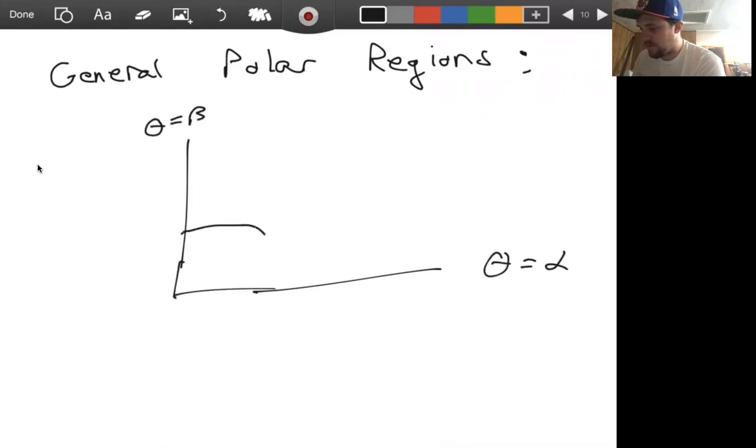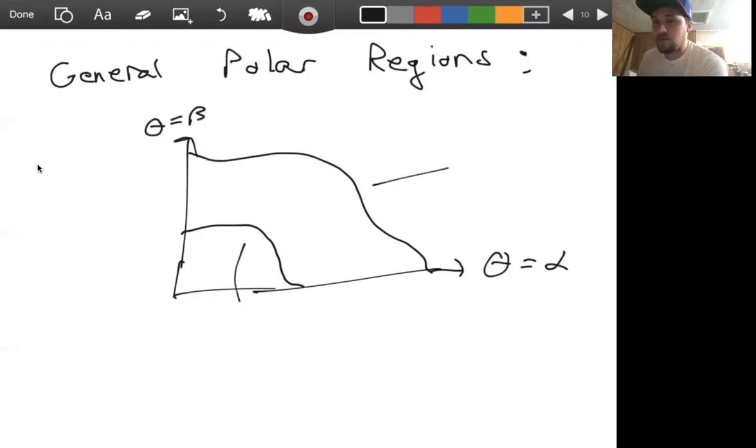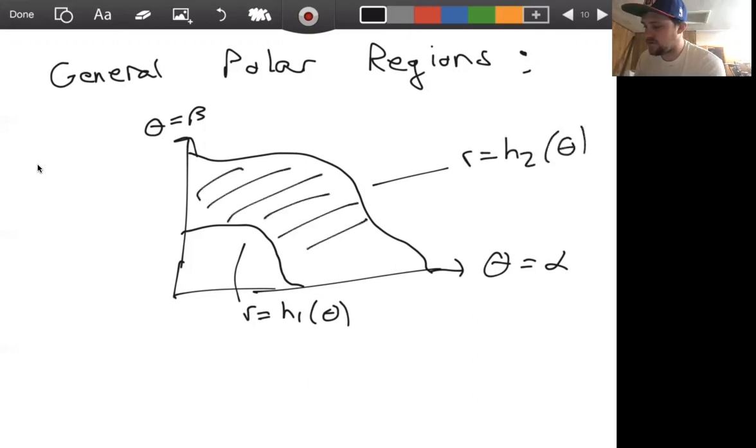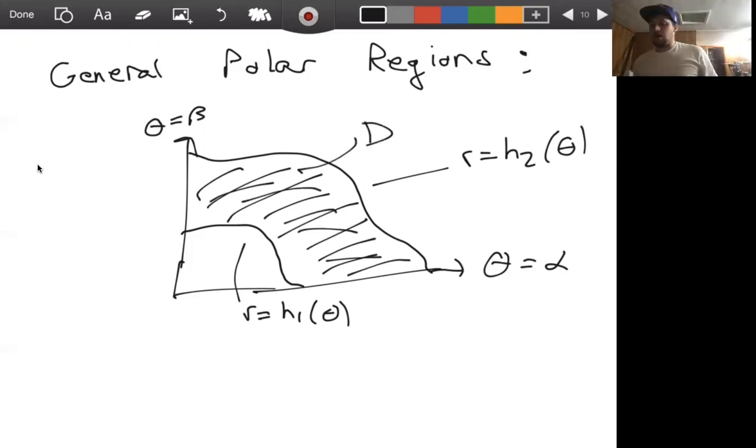But now our r bounds can be functions of theta, right? So this could be r equals h1 of theta and r equals h2 of theta. And so here we have a more generalized region, D, we'll call it, right? And we handle these just like we handle generalized regions in Cartesian coordinates.